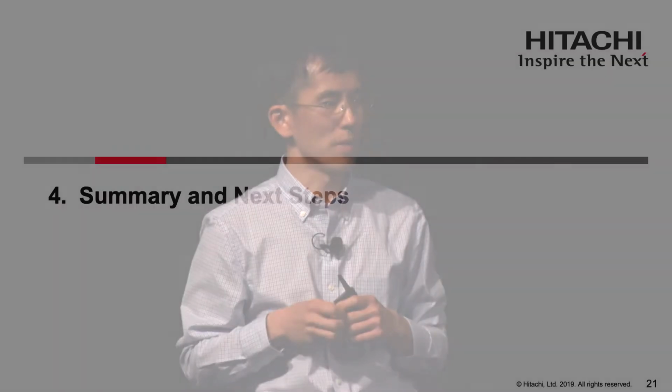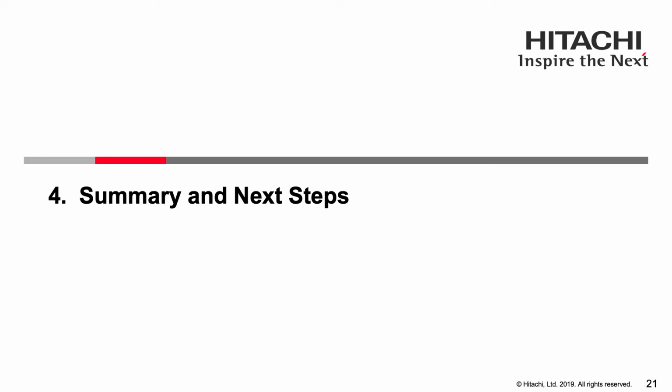And some of the next steps for this feature: the first one is, as I said just now, I want to evaluate performance, and of course also evaluate functional feature with vector packet processing. This is the high performance user space TCP/IP stack.